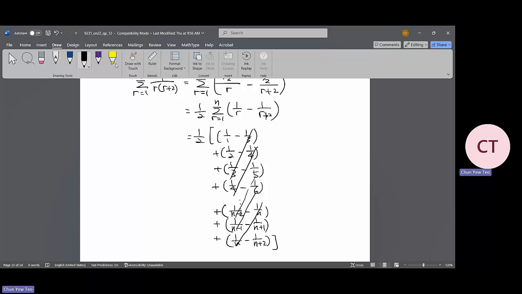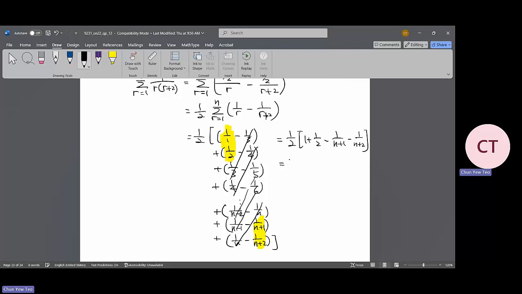So at the end, what you are left with, these two remain and these two remain. So this will be equivalent to half of 1 plus 1 over 2 minus the 1 over n plus 1 minus 1 over n plus 2. But the question didn't require you to simplify it.